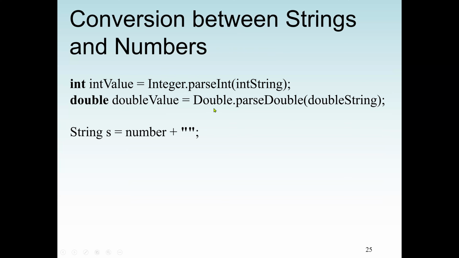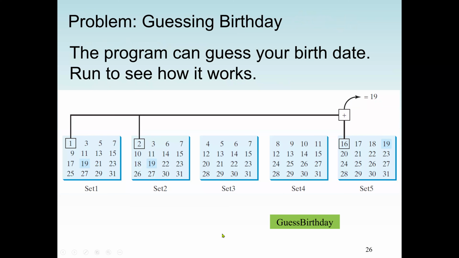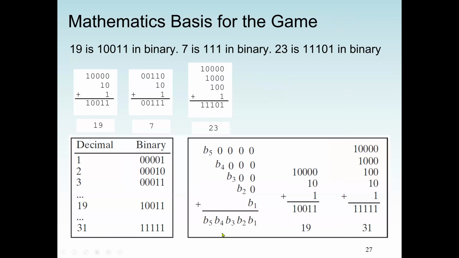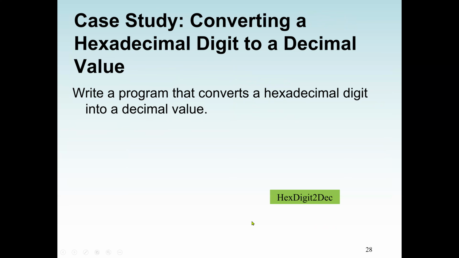Remember, if we don't need to convert, we can just use nextInt, but this is to convert. We have some examples and more code here, and we shall go through them in the classroom.